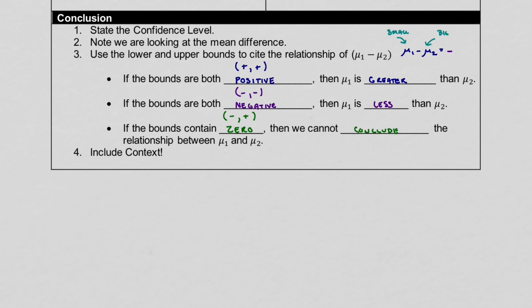If it's 0, then that means mu1 is equal to mu2. And if it's positive, that means mu1 is greater than mu2. So you've given every single option that could happen between the two means when you are subtracting them. So this is why we say we can't conclude anything, because if you give me everything, I don't have any direction to go off of.